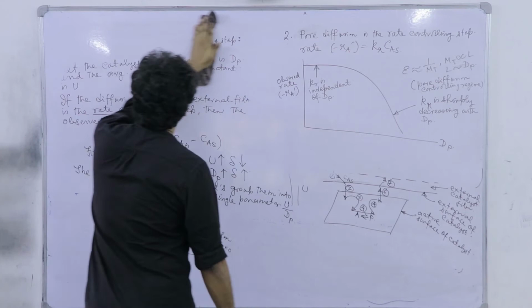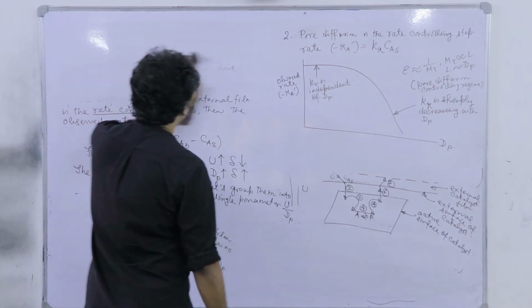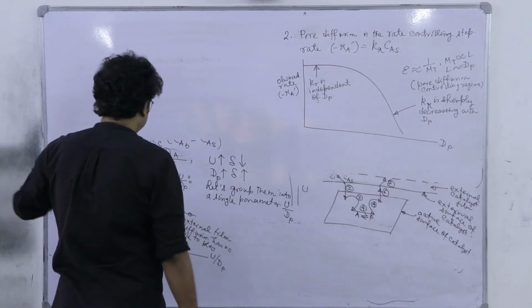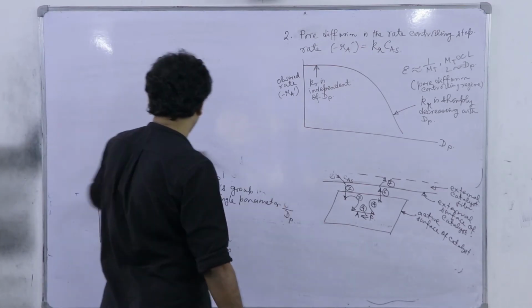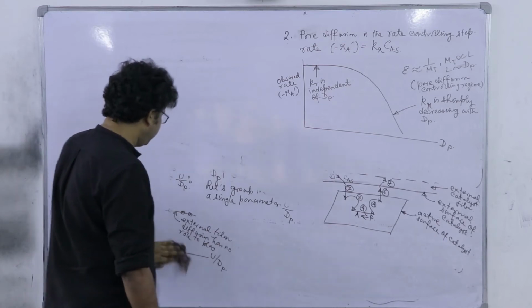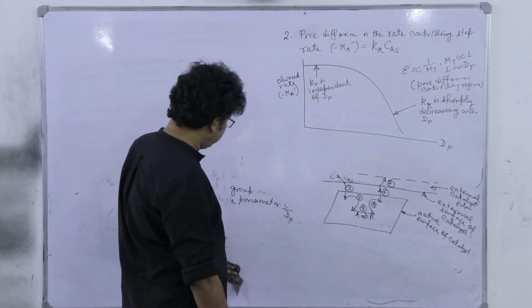Next, it is the adsorption of reactant onto the active site. Right now we are not discussing what the apparent or observed rate expression will be if this step of adsorption is rate controlling.